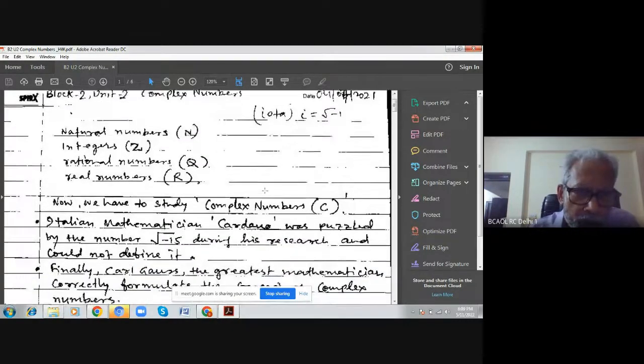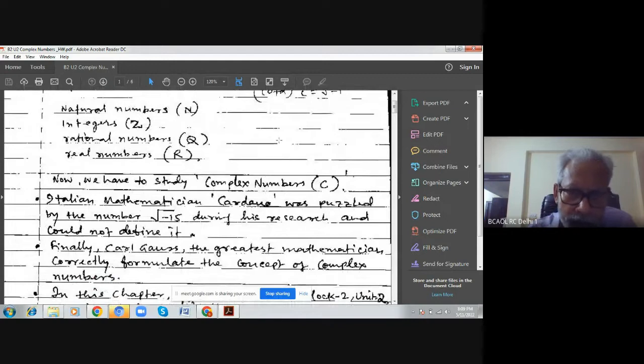Now coming to complex numbers. Now you have to study complex numbers, denoted by C. C stands for complex number. There is some history: when mathematicians were calculating, they found that root over -15 was very difficult to identify.